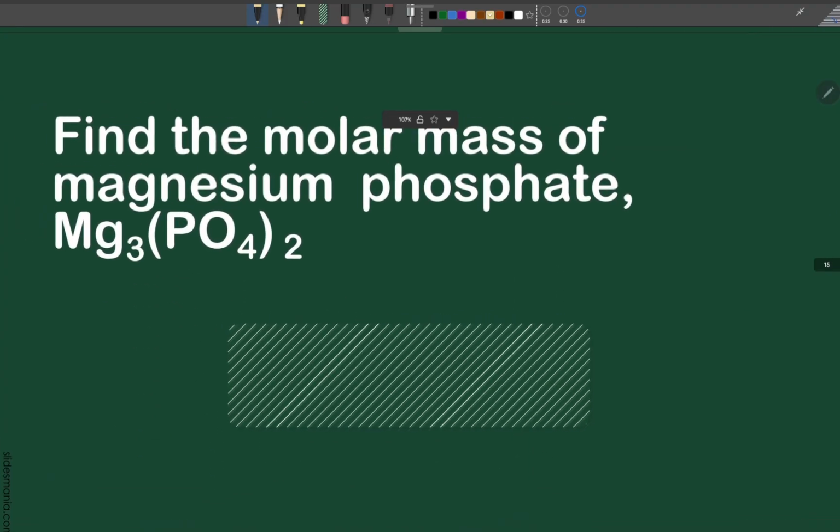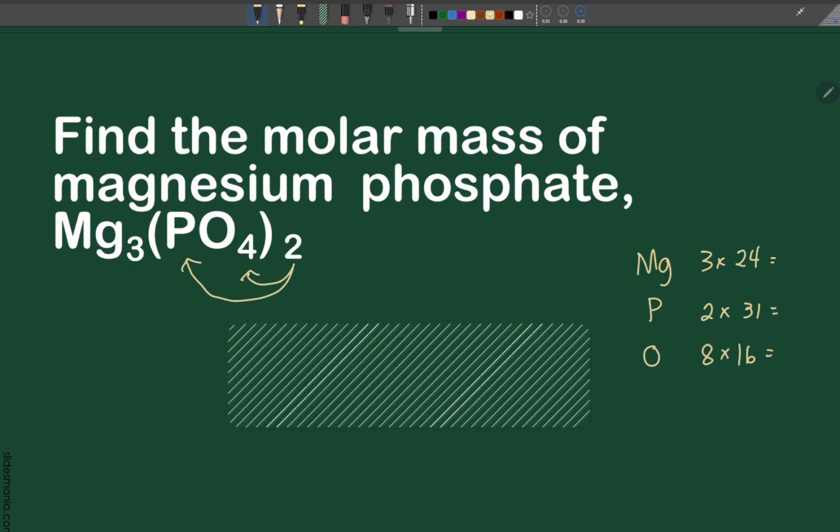Okay, so in case it's enclosed in parentheses, you have to distribute the subscript outside to what's inside the parentheses. So there, you'll have Mg, P, and then O. So this one is 3, 2, then 8. Multiply: oxygen 16, phosphorus 31, magnesium 24.